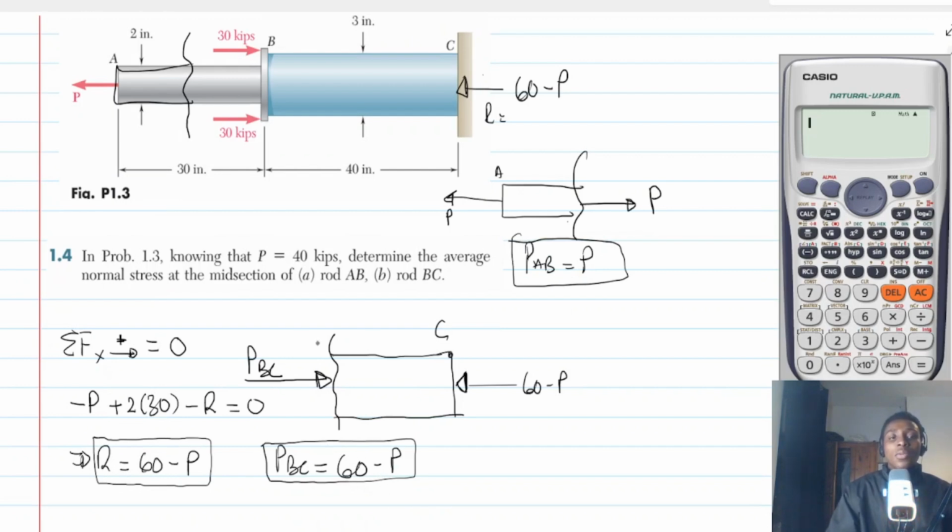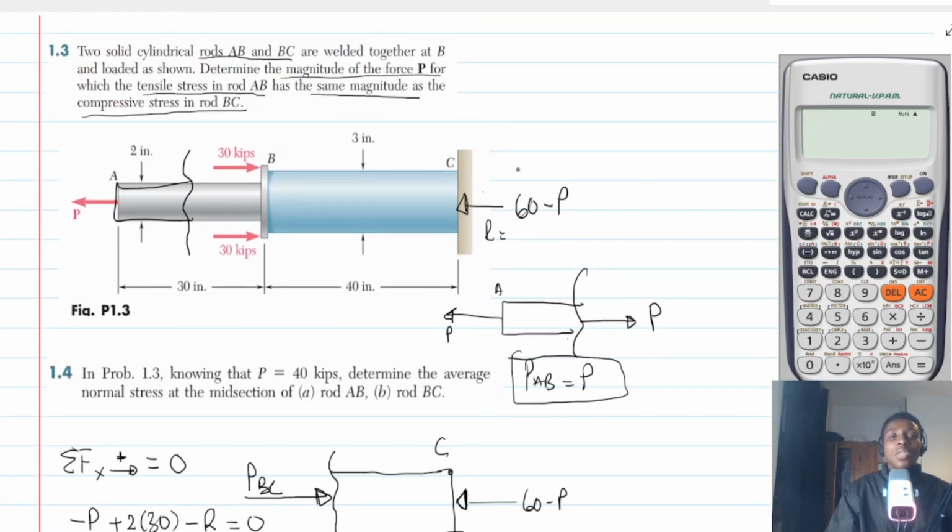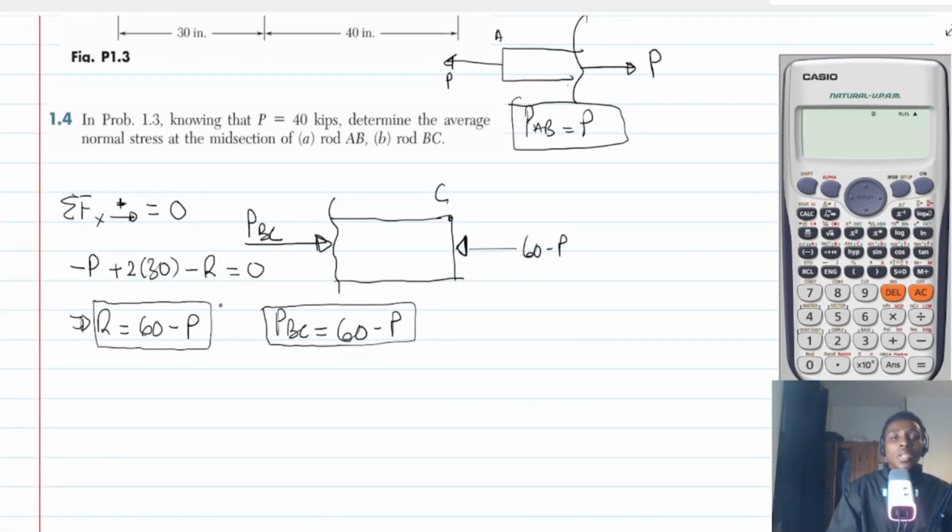Now our task is to find that value P, for which the tensile stress in AB will be the same as this compressive stress in BC. So let's start. Stress in AB is going to be load over area of AB. Similarly, stress in BC is going to be load, which is 60 minus P, divided by the area of BC.